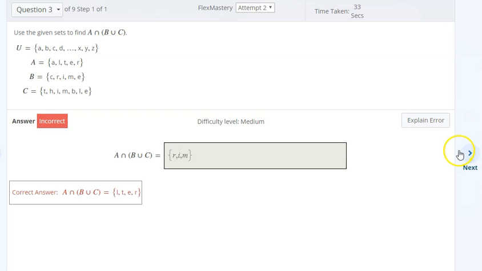Now, here's where it gets a little more challenging, and you need to know the protocol, the strategy to do it. And looking at the example, what is it asking? Well, it's set A intersecting with the results of B in union with C. And according to our rules for sets, we do what is in parentheses first.